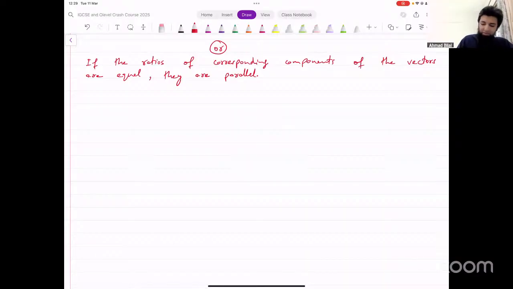Let's take an example. If you have a vector xy and you have another vector ab, let's say the first vector is p and it's represented by xy, and there's another vector q, which is, let's say, ab.